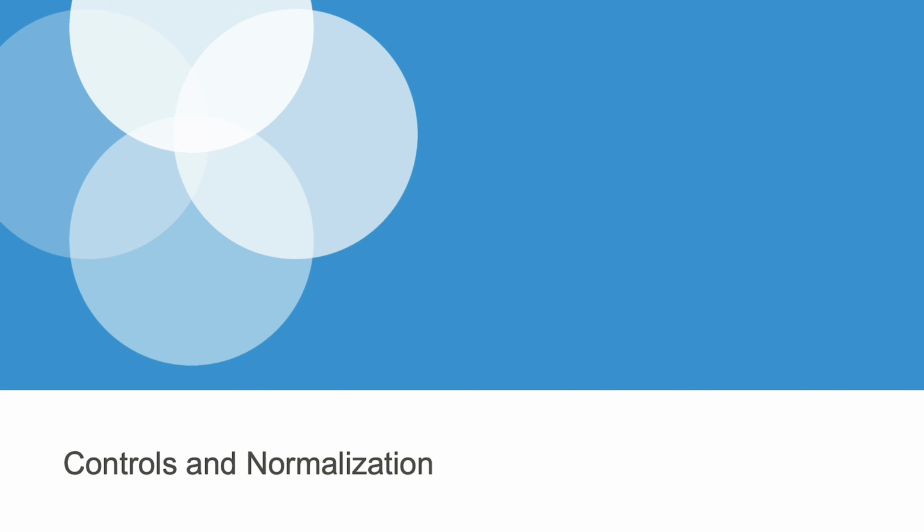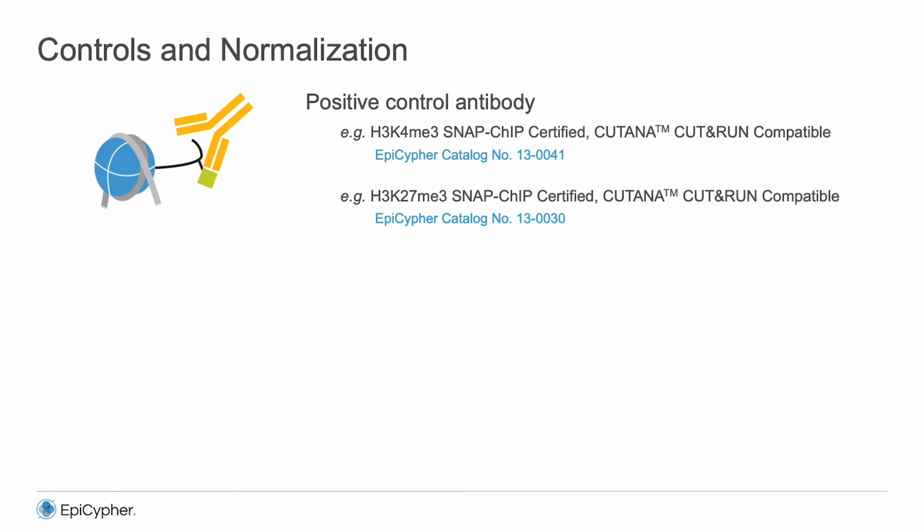Controls are an essential part of experimental design. Appropriate controls are key to a successful cut-and-run experiment and should always be run in parallel with your experimental samples. For a positive control, we recommend treating samples with a validated antibody, such as our SNAP-ChIP certified H3K4ME3 or H3K27ME3 antibodies, which generate consistent peaks in cut-and-run.